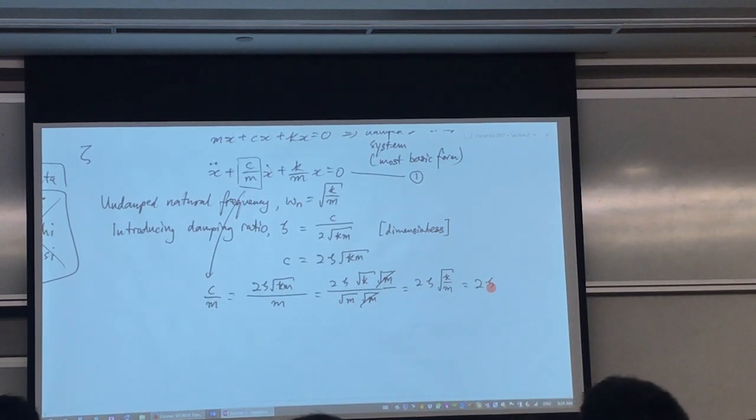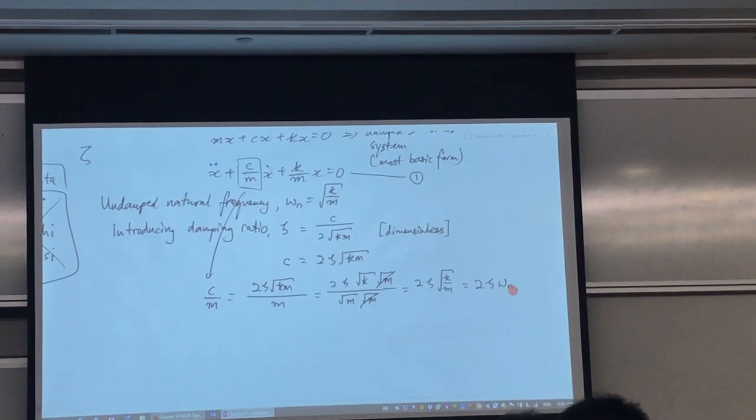So I'm going to replace it: 2 zeta omega n. So the coefficient that comes with the x dot will be equal to 2 zeta omega n, and later on we'll make use of that.